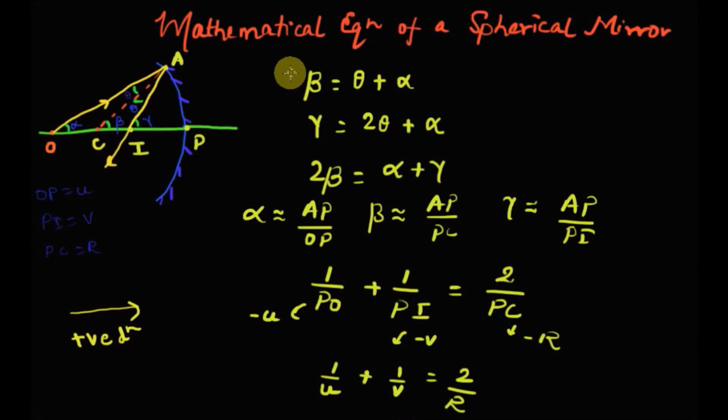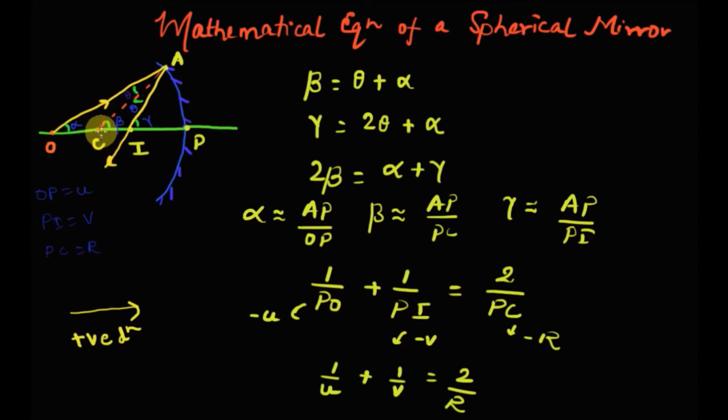Now let's derive the mathematical equation of a spherical mirror. Let's say we have an object O which is situated at a distance of u from the concave spherical mirror. Let's say a ray of light from the object O hits the concave spherical mirror at point A, and the reflected ray crosses the principal axis at point I. Please note that I is not the focus because the incident ray is not parallel to the principal axis.